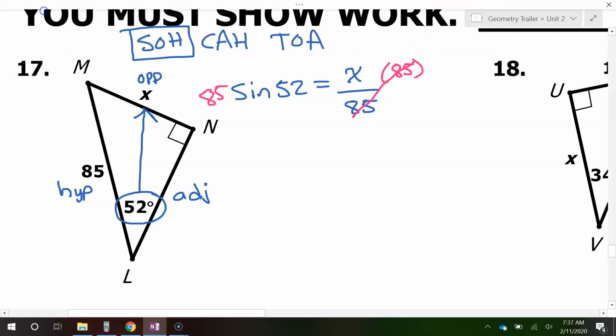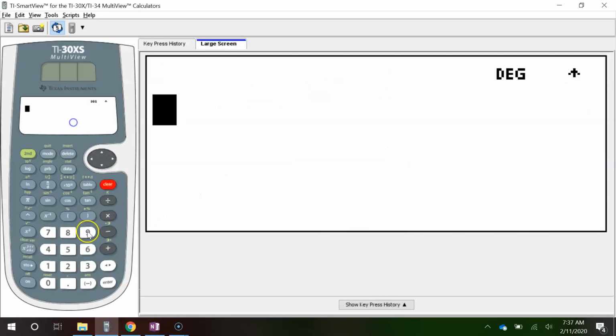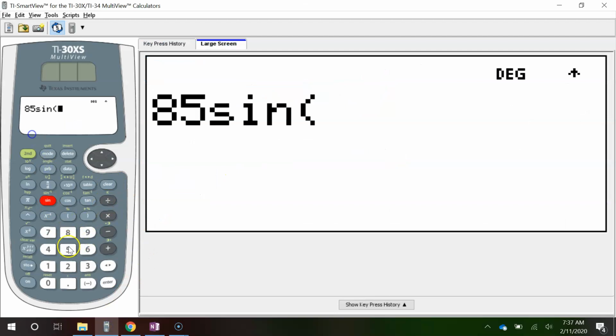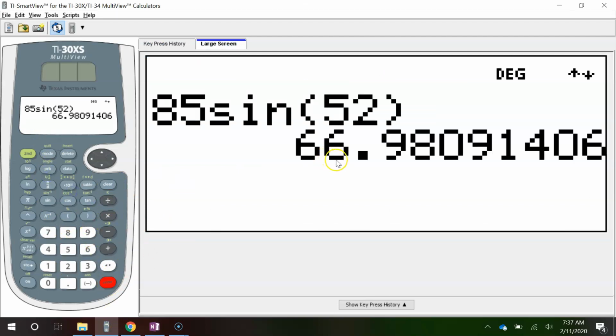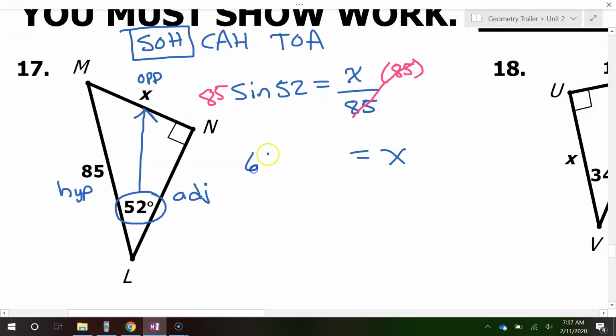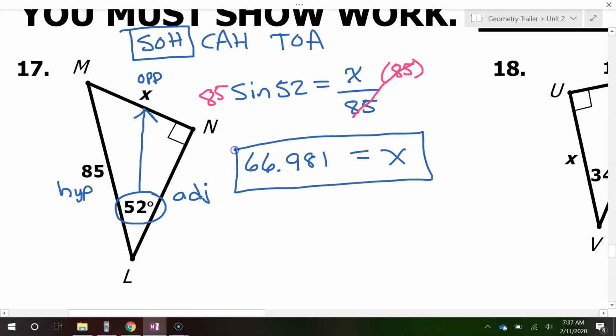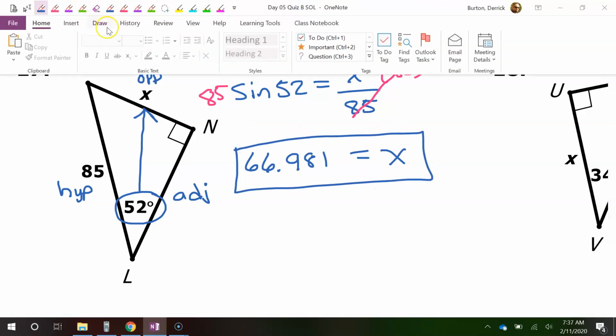And that leads us straight to the final answer, because x is now by itself. So 85 sine 52 in the calculator. That's 66.981, because we had to round up. So that's it for number 17.